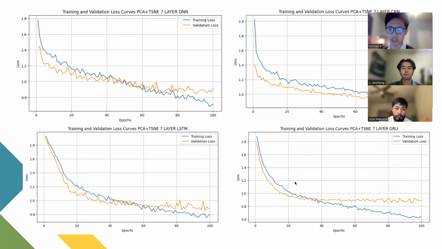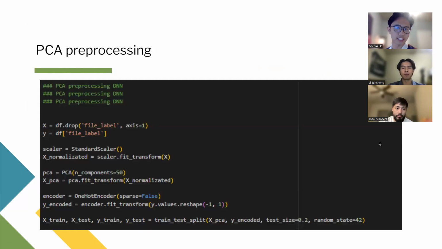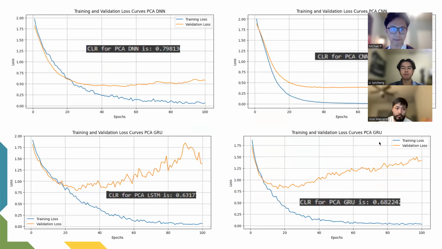They all did a pretty good job here, and those are some of the DNN model results, seen in long short-term memory and also GRU right over here. And the last one is the PCA pre-processing. And as we can see, we have higher scores compared to before we did the PCA. Looking at those data sets, they did a pretty good job over here.